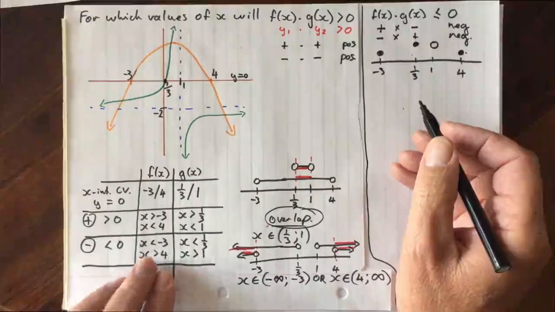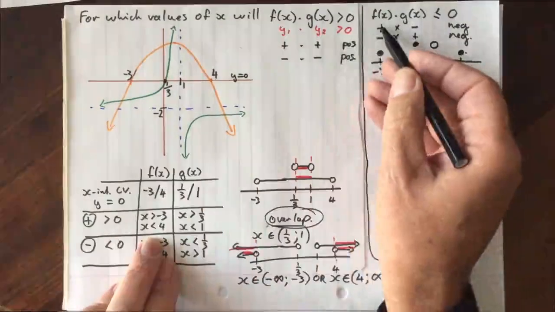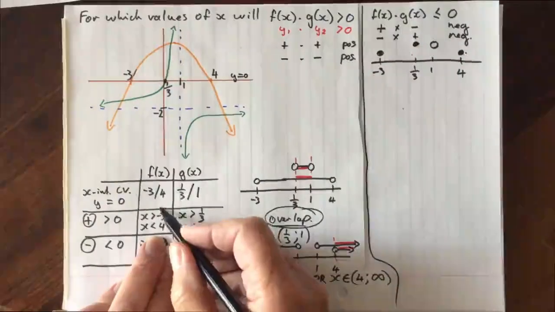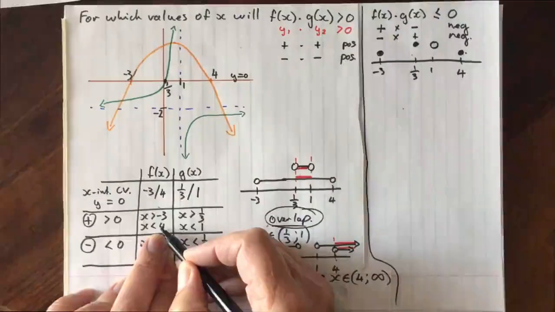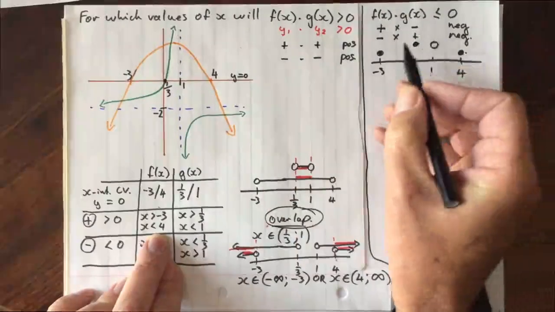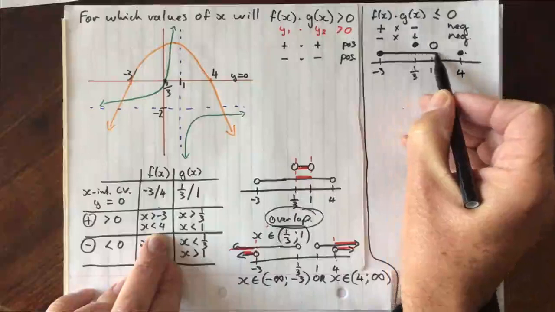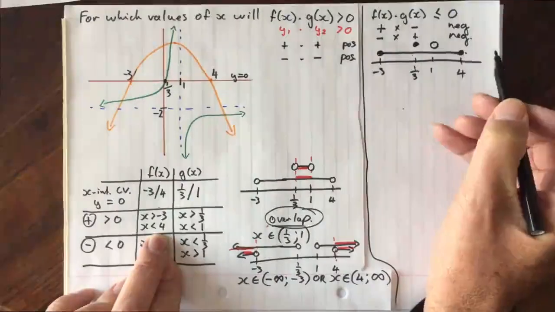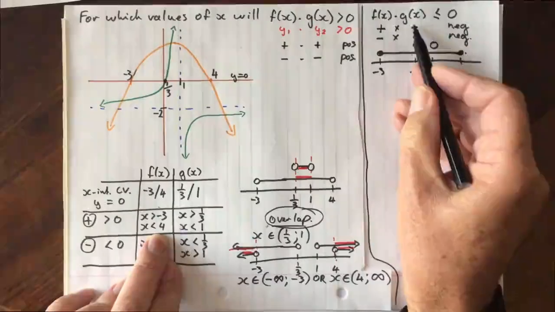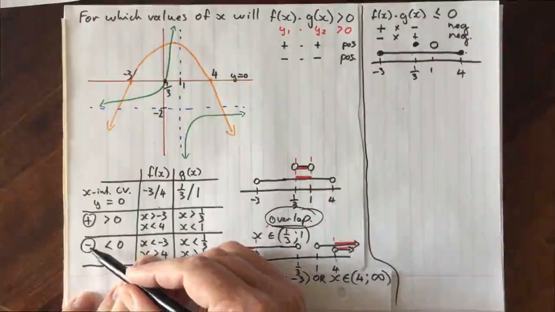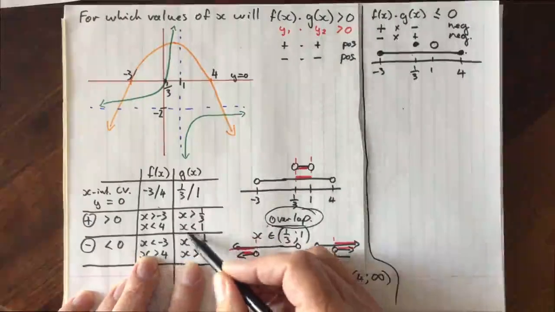Right. So let's check where f(x) is positive. f(x) is positive over here. So that is where x is greater than -3 and less than 4. That means we have that region over there. Multiply by g(x) being negative. g(x) is negative over here.